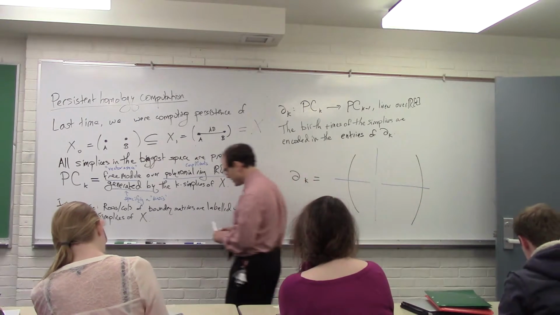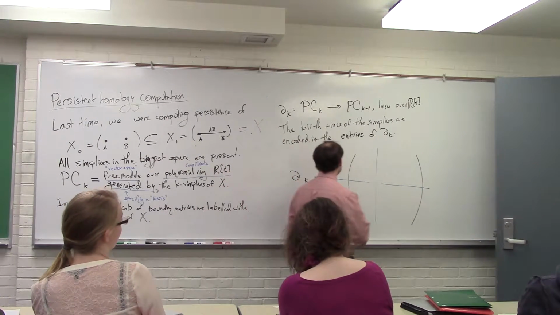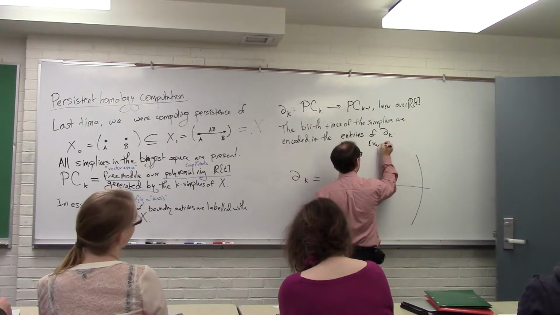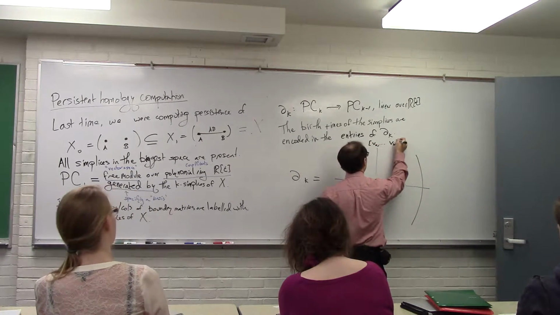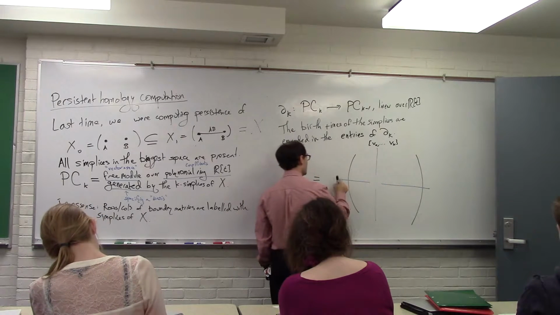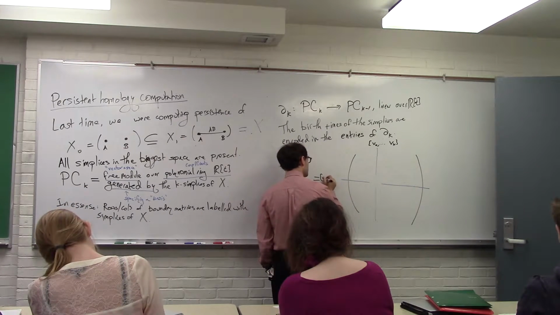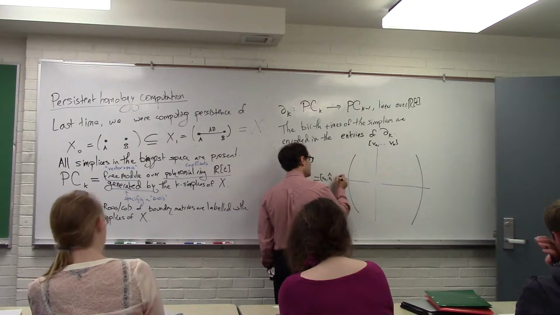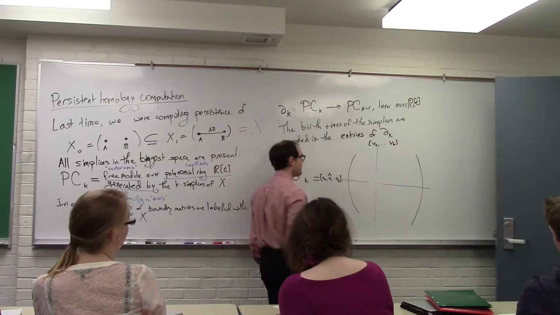Okay, well, let's see here. Let's say that I've got a k simplex here, V0 up to Vk. And here I've got a simplex V0 up to Vk with Vi left out.